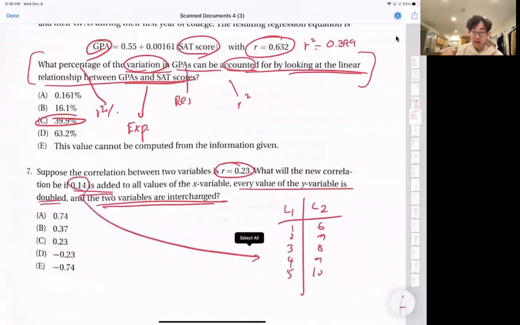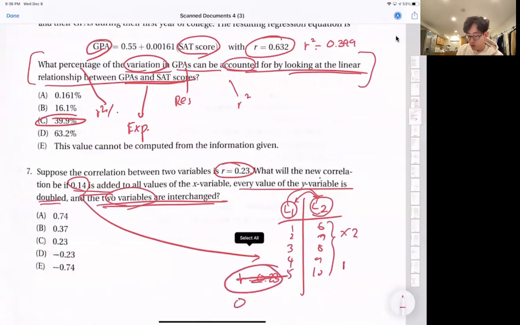Apply these changes, like add 14 to all the values, double all the Y values here, and then even swap them so that your list 2 becomes list 1, list 1 becomes list 2. Your original R value of 0.23 will never change. After all that change, your R will still be the exact same thing as your original.